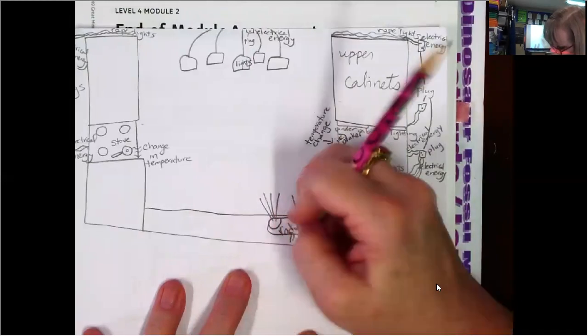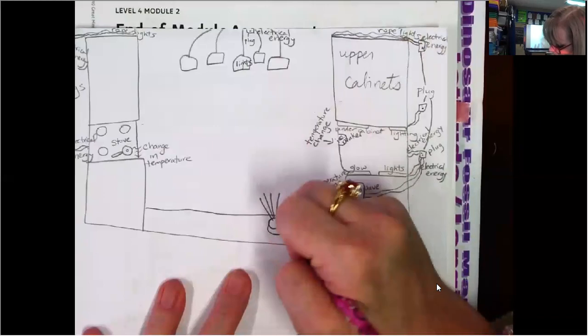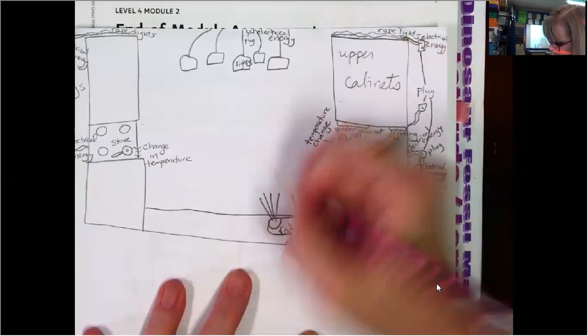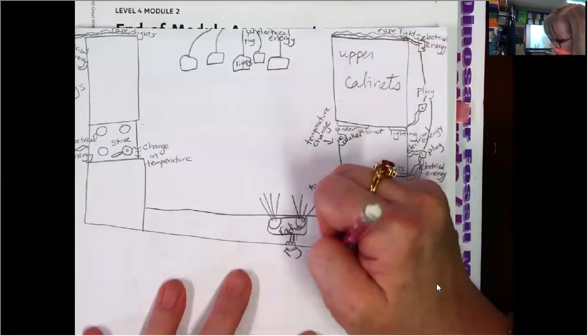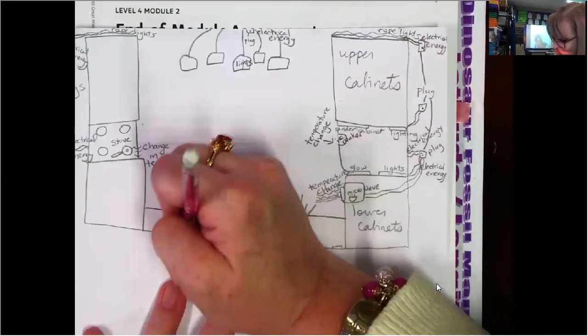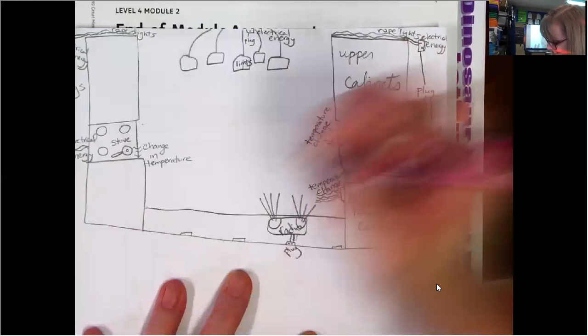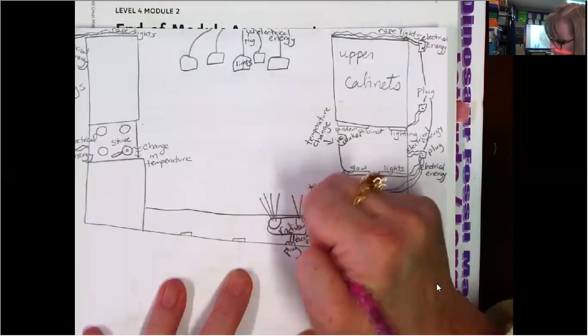Not 3 plug-ins, just 2 plug-ins. And the way we have our outlets, we actually have them on the wall. So that's another plug. We actually have lots of plugs along our walls. Told you. We have lots of plugs in our kitchen. Okay, electrical energy. Sound.